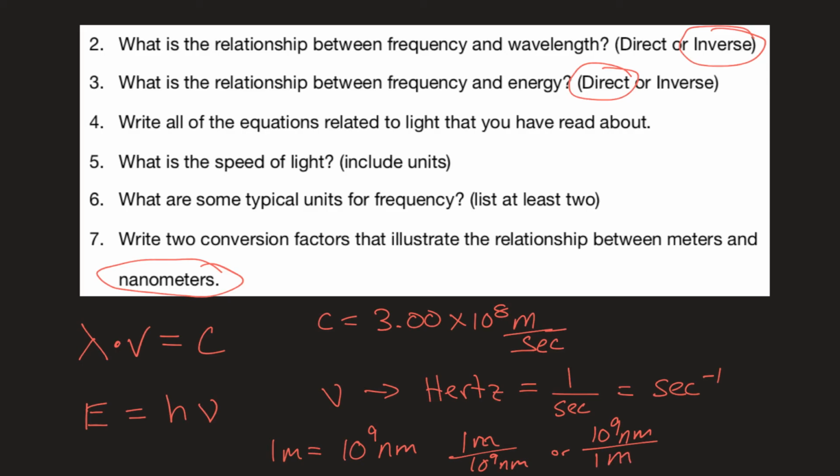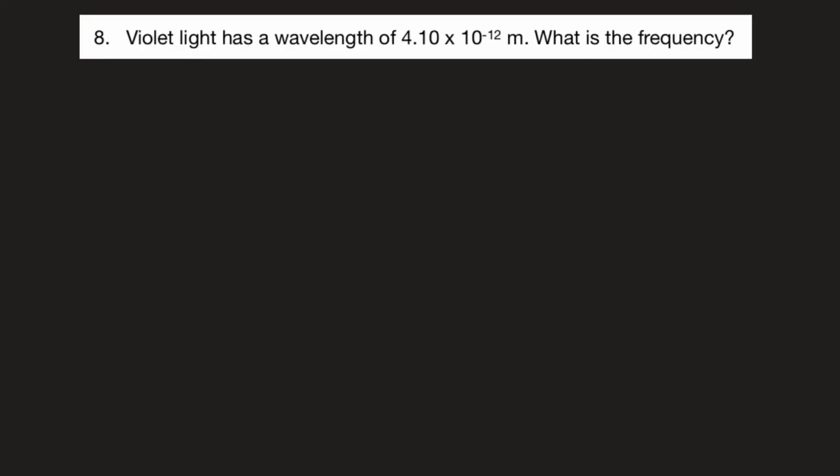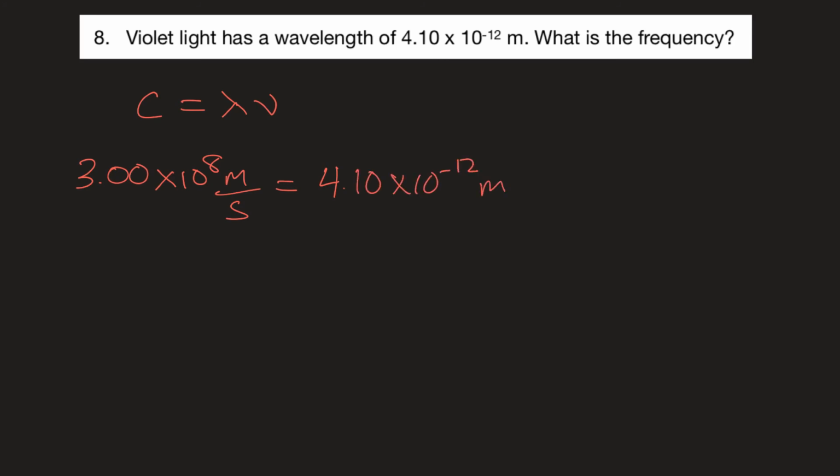10 to the 9th nanometers per 1 meter. So in this problem, we're looking for frequency, and we're given wavelength. That tells me we're going to use the equation that the speed of light is equal to the wavelength times the frequency. I know that the speed of light is 3.00 times 10 to the 8th meters per second, and I'm given the wavelength, 4.10 times 10 to the -12 meters, and I'm solving for frequency.